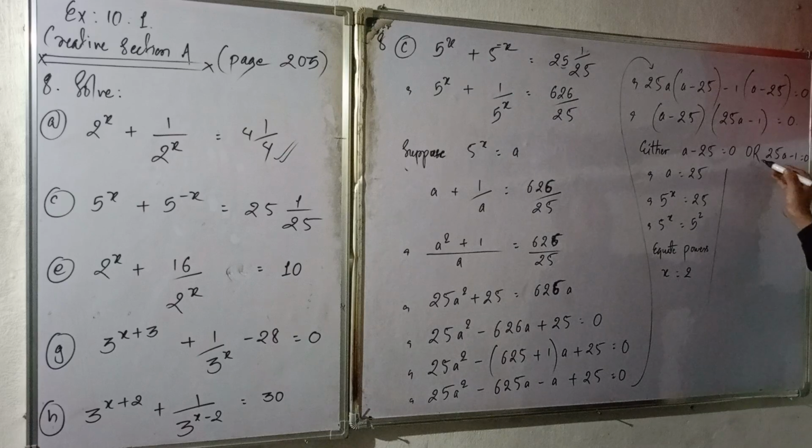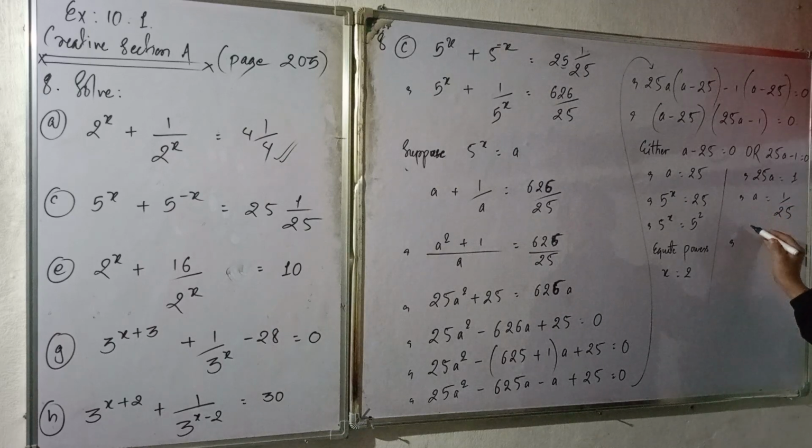Now in here, 25a minus 1 equals to 0, just like the previous one. 25a equals 1, or a equals 1 by 25. Now replace the value of a by 5 power x equals 1 by 25, which can be written as 1 by 5 square.